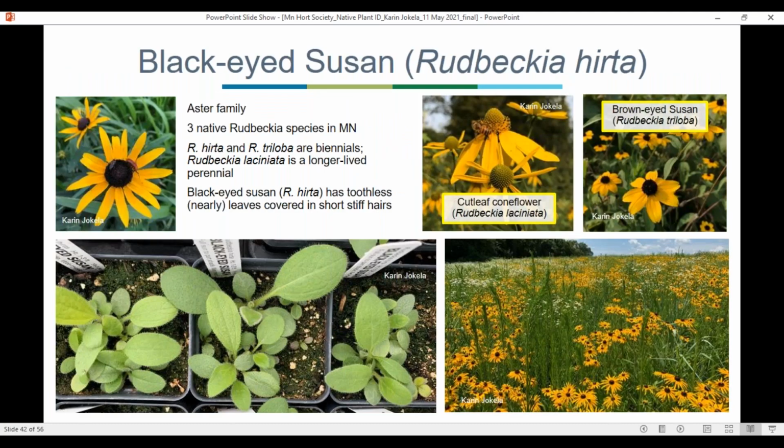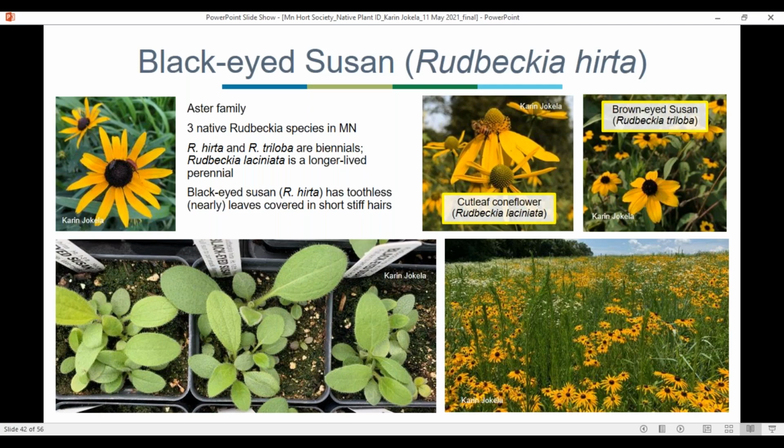Black-eyed Susans, we have 3 different species that occur in Minnesota. Rudbeckia hirta, the Black-eyed Susan, is definitely the most common, is used all over the place in restorations. This is a really common picture for an early season restoration. In the first year or two, you'll just get this huge bloom of Black-eyed Susans, and then as the plant community matures, that will kind of fade out.